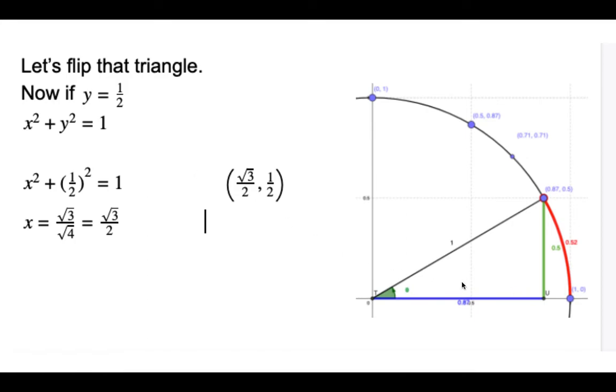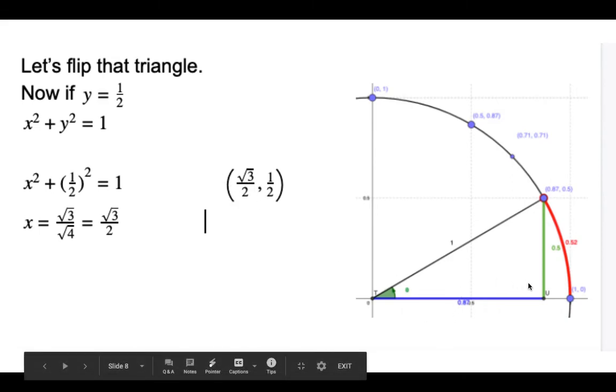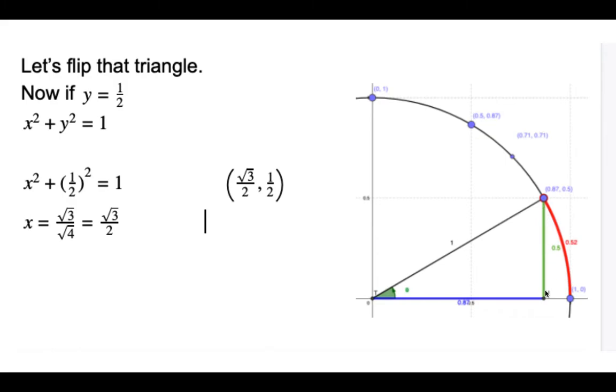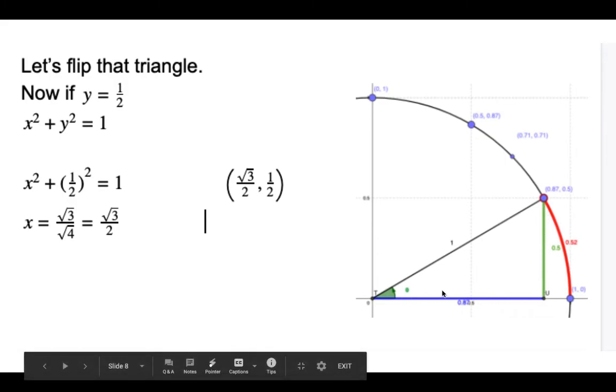Let's flip that triangle on its side and say that y equals 1/2. So once again, if I plug that in, I'm going to end up with the same other side. So in this case, my height is 1/2, and my base is root 3 over 2.